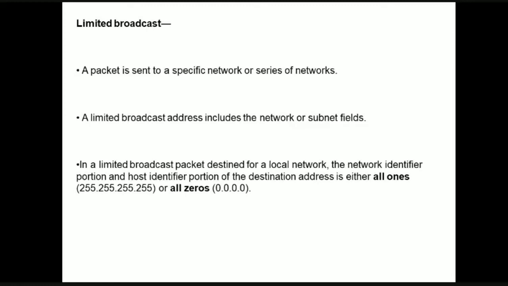If it is all ones, it will be 255.255.255.255. If it is all zeros, it will be 0.0.0.0. So this limited broadcast address will be either 255.255.255.255 or all zeros, that is 0.0.0.0.